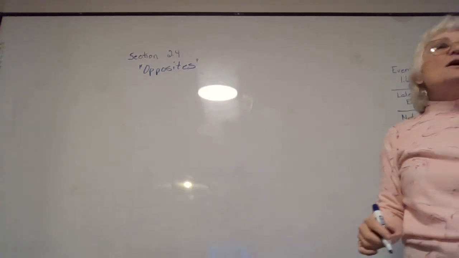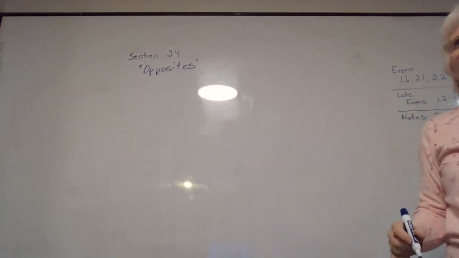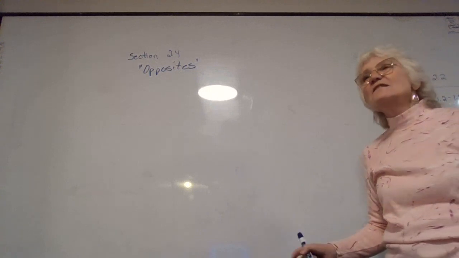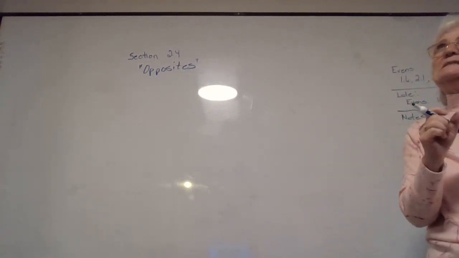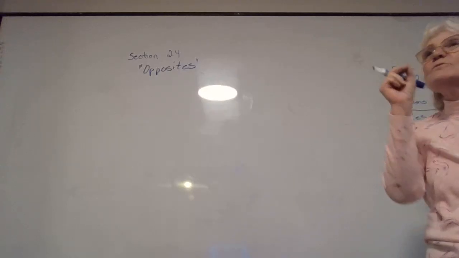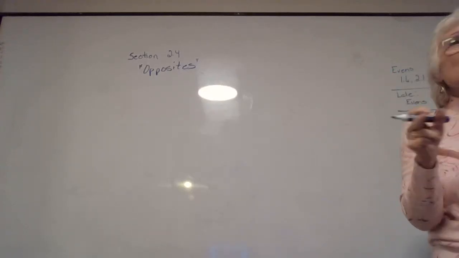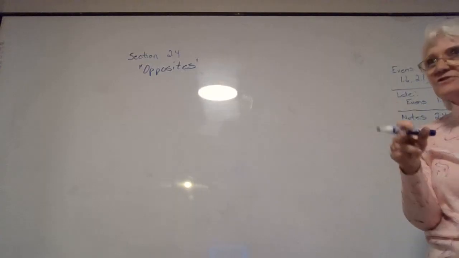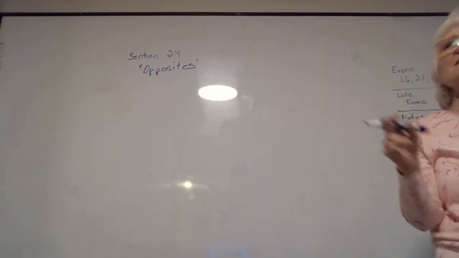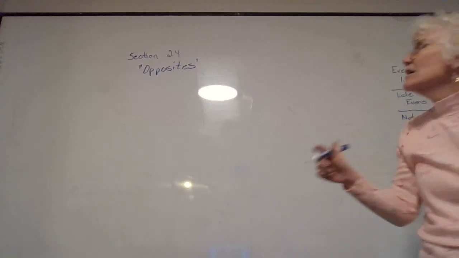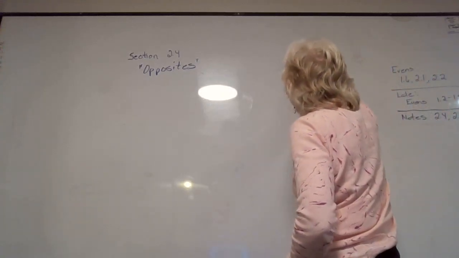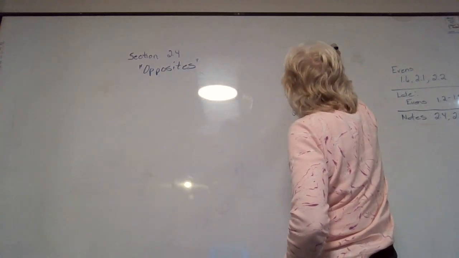We're talking about opposites in numbers. So when we talked about the problem in 2.2, it was 1.6, I think, where you had to make a graph in a chart, and I said the opposite of x squared. It was the opposite of x squared plus 4.